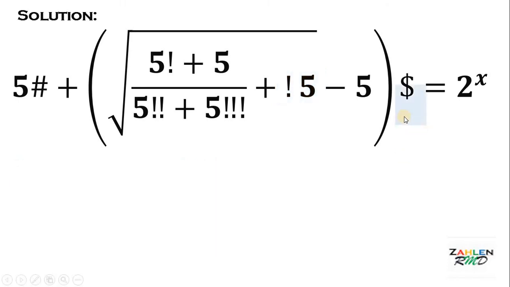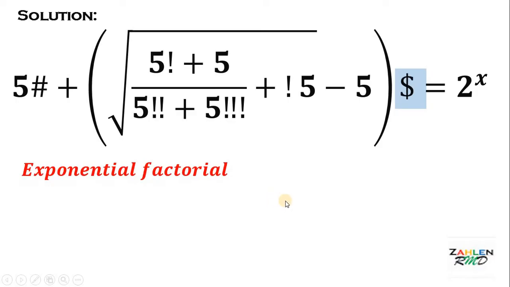So what is the value of this dollar sign? This is what we call the exponential factorial. So the exponential factorial of a positive integer n is denoted by n dollar sign. And it is equal to n raised to the power of n minus 1, which in turn is raised to the power of n minus 2, and so on and so forth, in a right grouping manner.